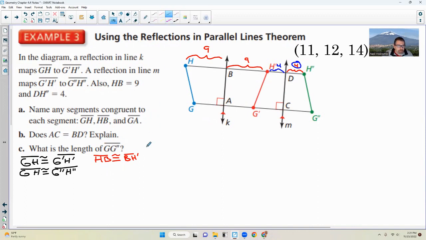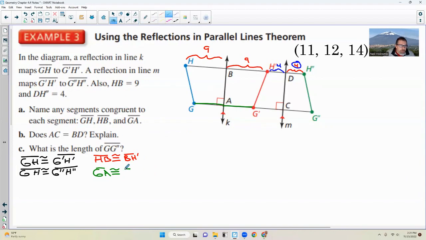Let me switch to green. GA is right here. And since that's a reflection, it's going to be congruent to AG prime. So GA is congruent to AG prime. I probably should name it in the same order, G prime A, since G corresponds to G prime.